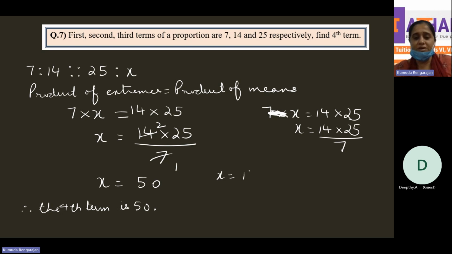X is equal to 14 into 25 by 7. This is understood? Take one number from the numerator and one from the denominator. Now 14 becomes 2. What is remaining now? 2 into 25. What is 2 into 25? 50. So x is equal to 50.